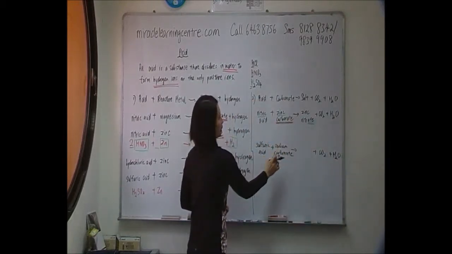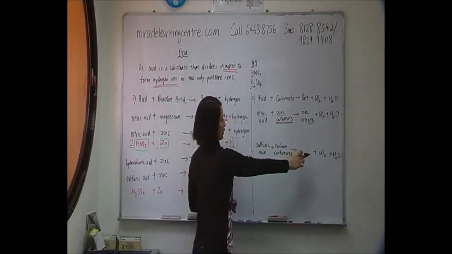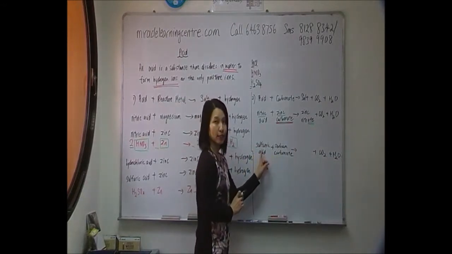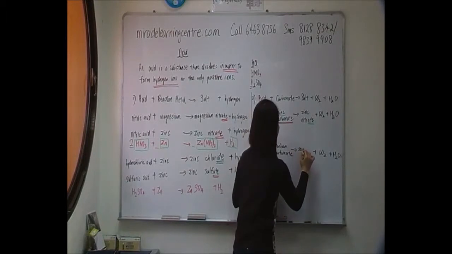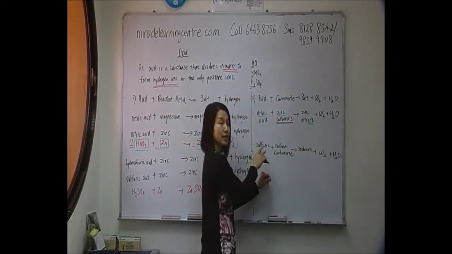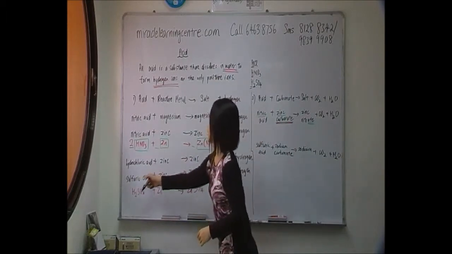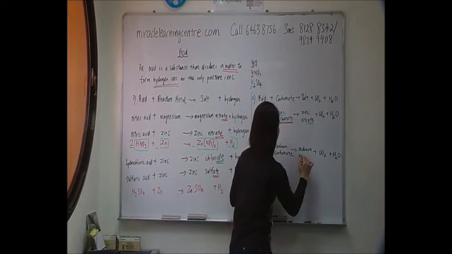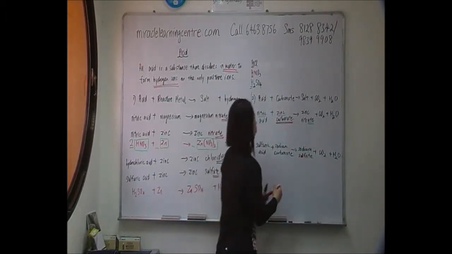Carbonate produces the carbon dioxide, and your salt will be sodium sulfate. Sodium is the metal. Why sulfate? Because it's sulfuric acid. Remember, sulfuric acid, you get a sulfate. So here you'll get sodium sulfate, carbon dioxide, and water.